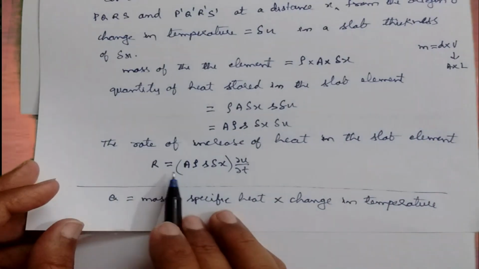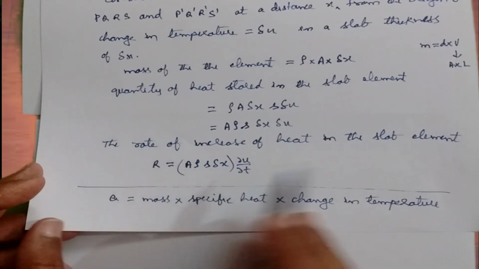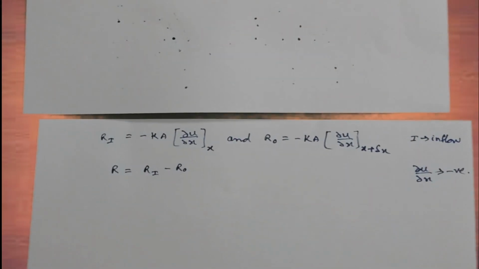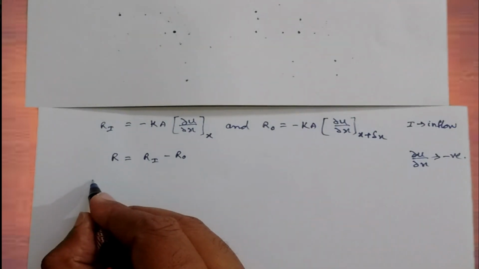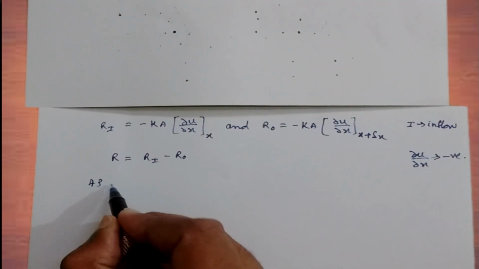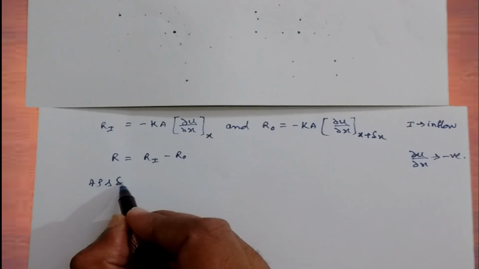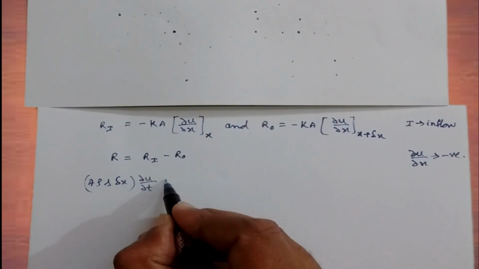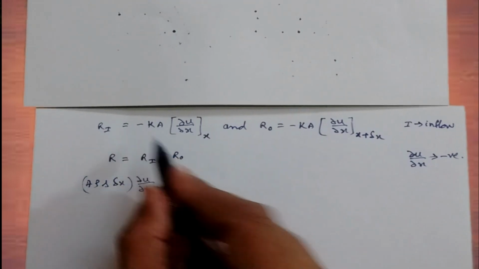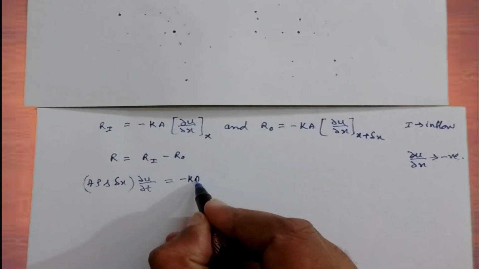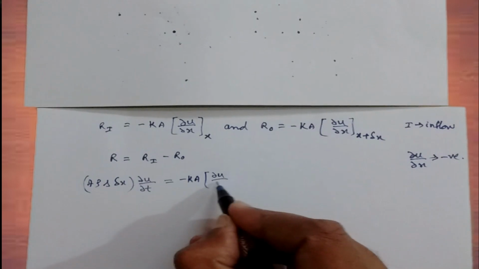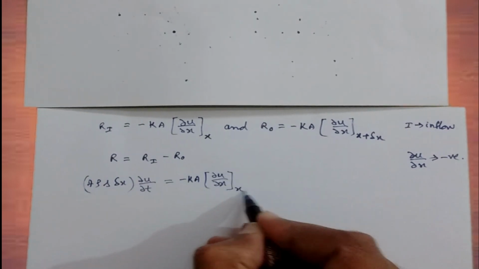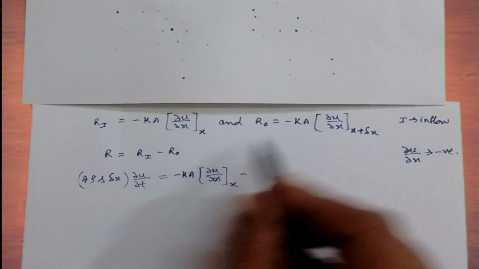So let us write down this value of R. Suppose we take the value of R as A rho S delta X times dou U by dou T, is equal to, Ri value is known from here, it is minus Ka into dou U by dou X minus Ro.